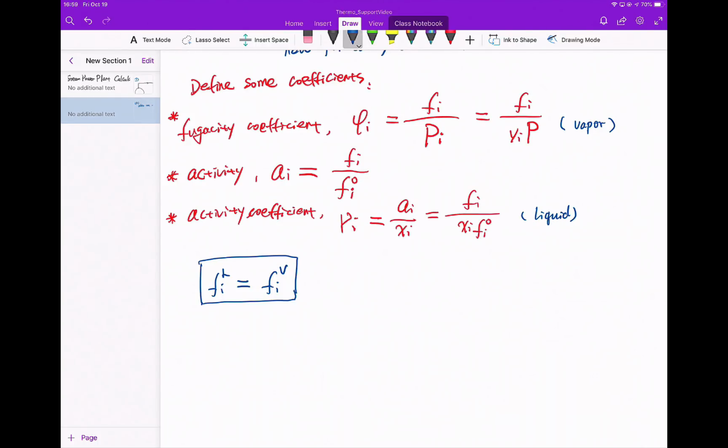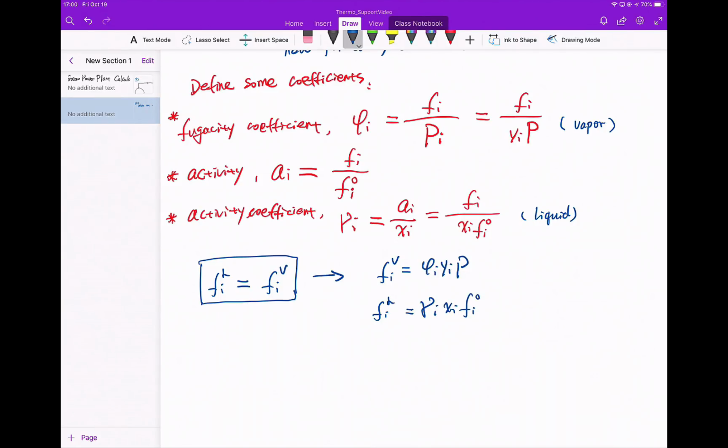And then you can see that if I'm using fugacity coefficient and activity coefficient, I can convert that as what? Fi of the vapor will be phi i, yi times the pressure. Fi of the liquid will be gamma i, xi, fi naught.